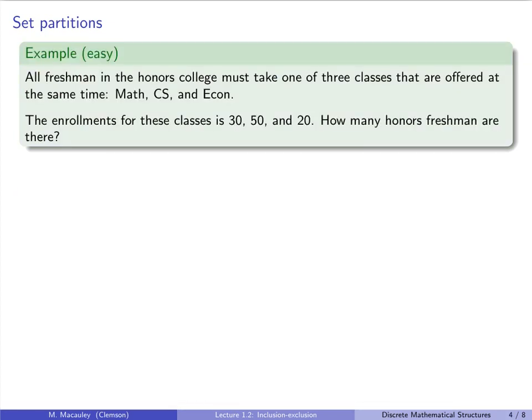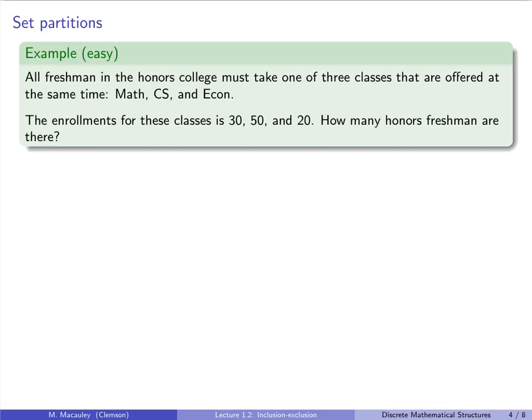By the result that we just saw, if we have a counting problem and we recognize that it actually is a partition, then it becomes much easier. For example, consider the following word problem that is very similar to the one that we saw a couple slides ago. All freshmen in the Honors College must take one of 3 classes that are offered at the same time: math, computer science, and econ.